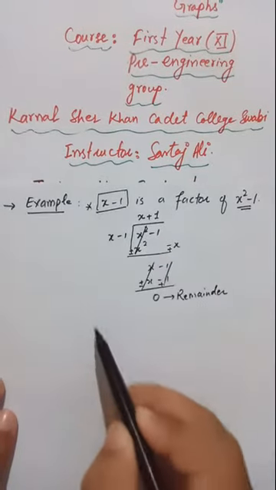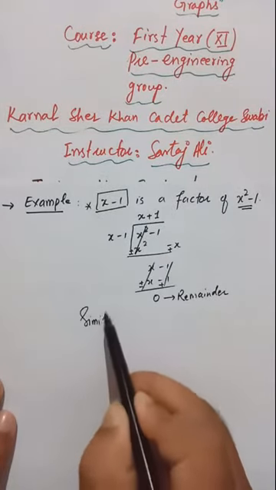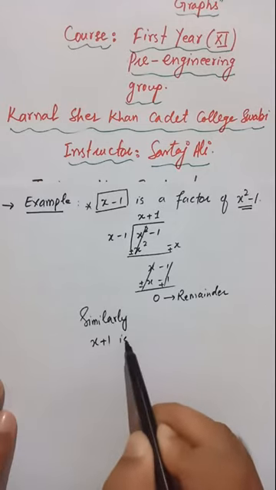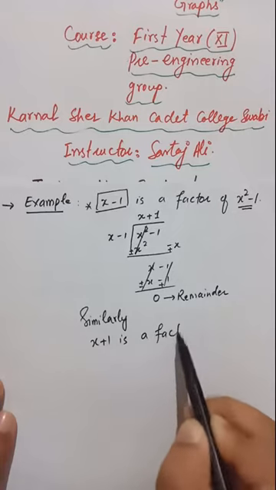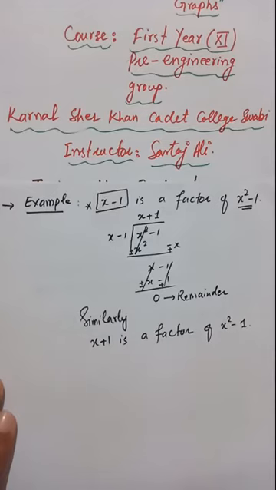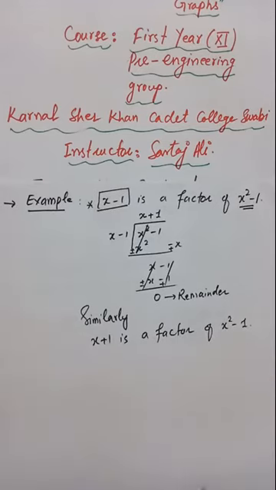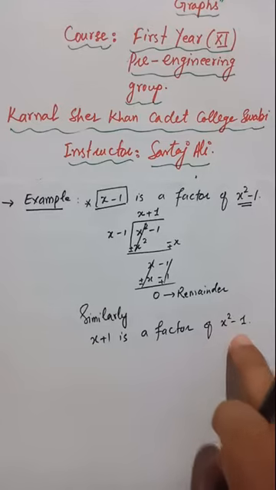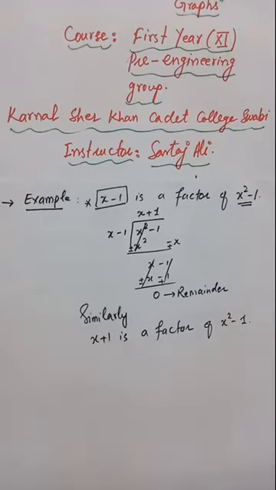Similarly x plus 1 is also a factor of x square minus 1 because it divides this expression. Mean this expression is completely divisible by x plus 1, so x plus 1 is called a factor.